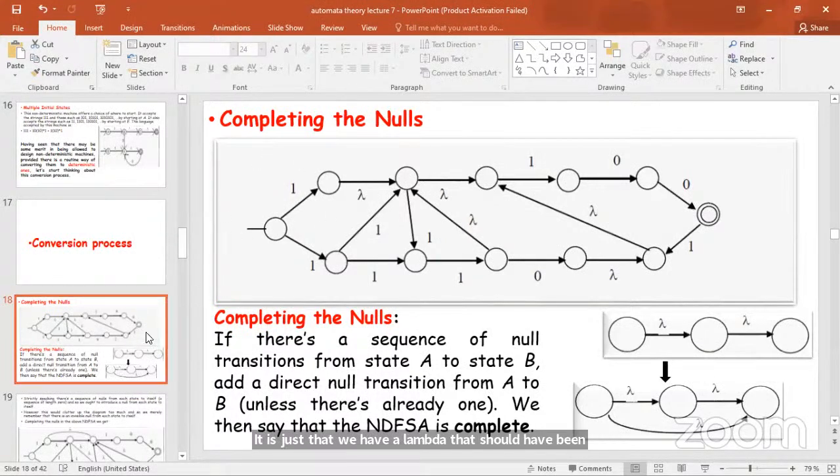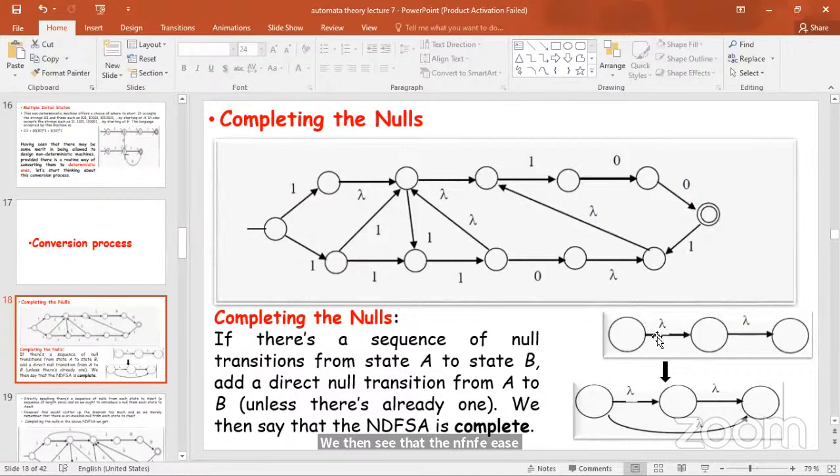Now, completing the null: if there is a sequence of null transitions from state A to state B, it is easy for us to add a direct null transition from A to B unless there is already one. We then say that the NFA is complete.